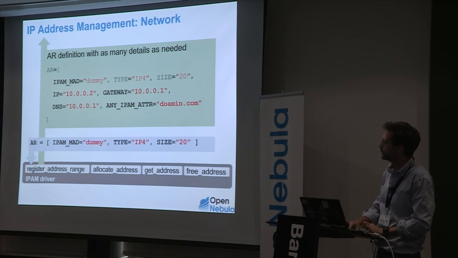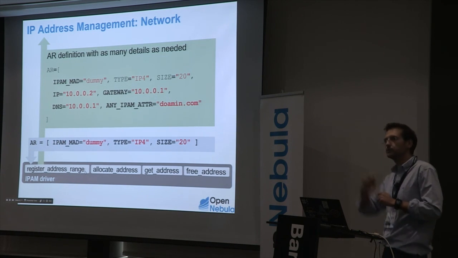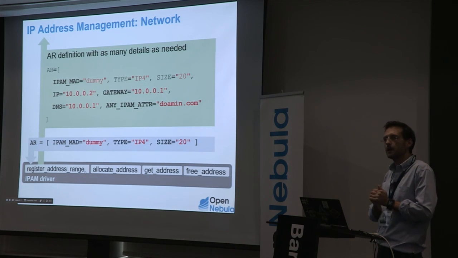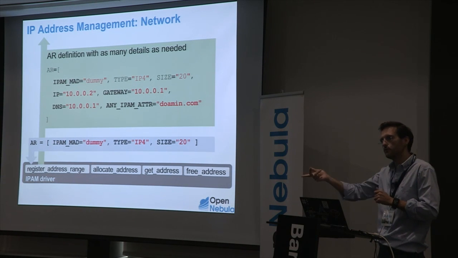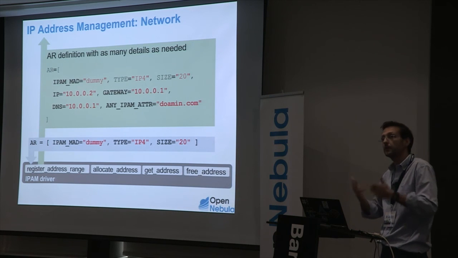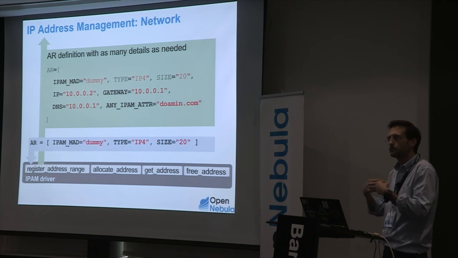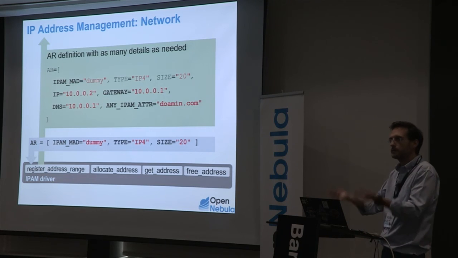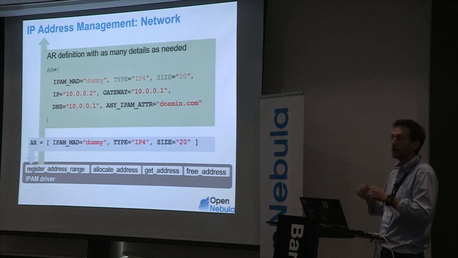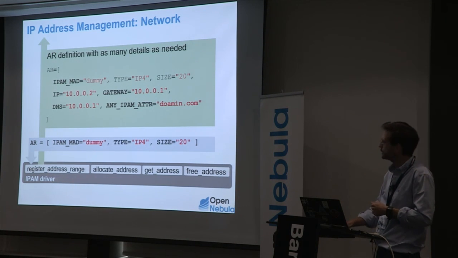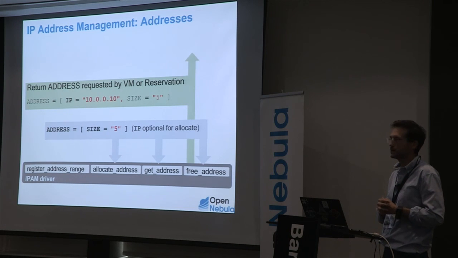You have the register address range, which is used to communicate with the IP address manager when you are creating a new virtual network, in case you want the IP address manager to give you the network. And every time you create a virtual machine, the driver is invoked.